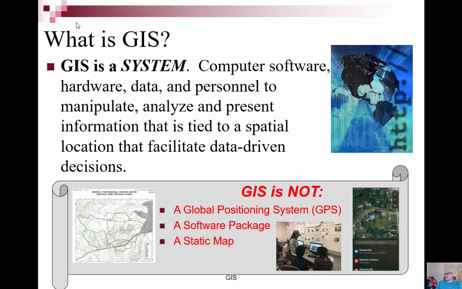It's not one particular software package, and it's not a static map, either printed out or something that you may see on your phone or tablet or whatever. And so it includes hardware, software, data, personnel, techniques, so that we can manipulate, analyze, and present information tied to spatial location with an end goal of facilitating data-driven decision making.